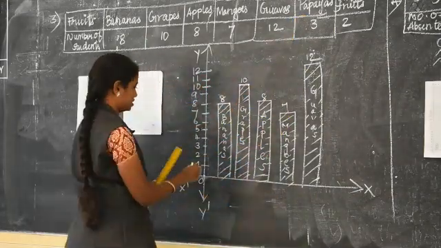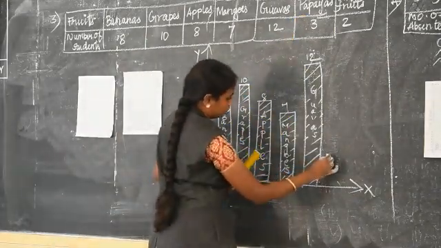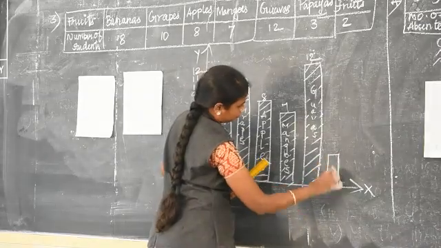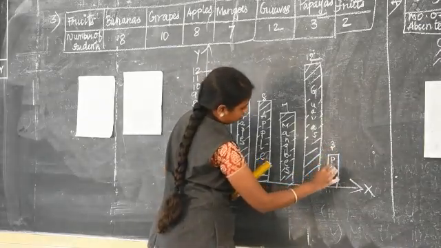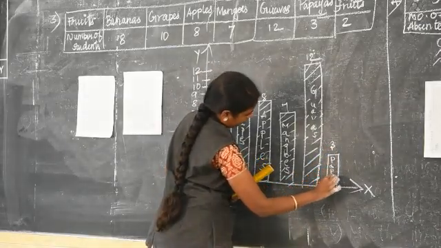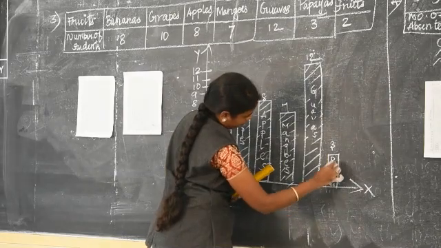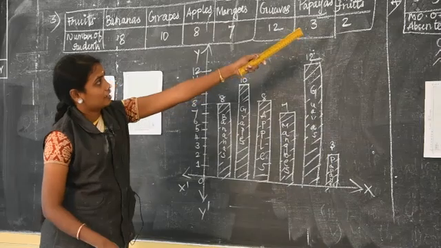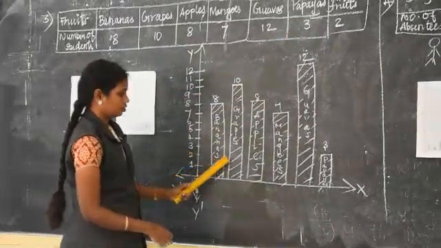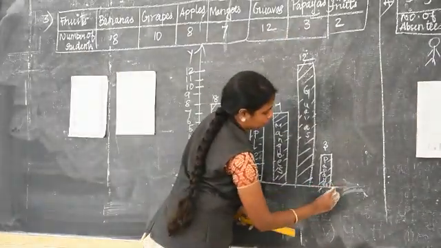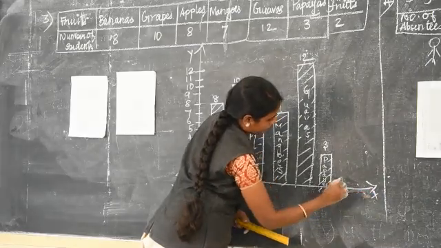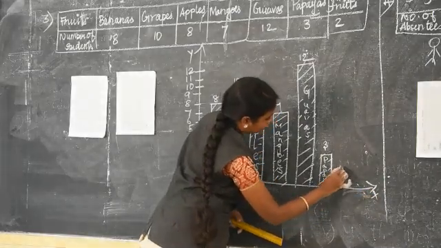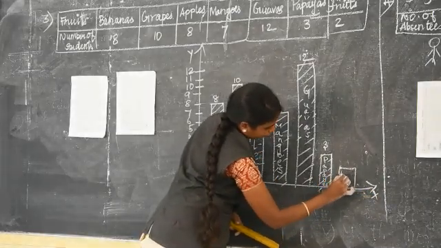Next, papayas 3. Papaya I also shaded. Other fruits 2. Adjacent, right, within the 2. Other fruits.